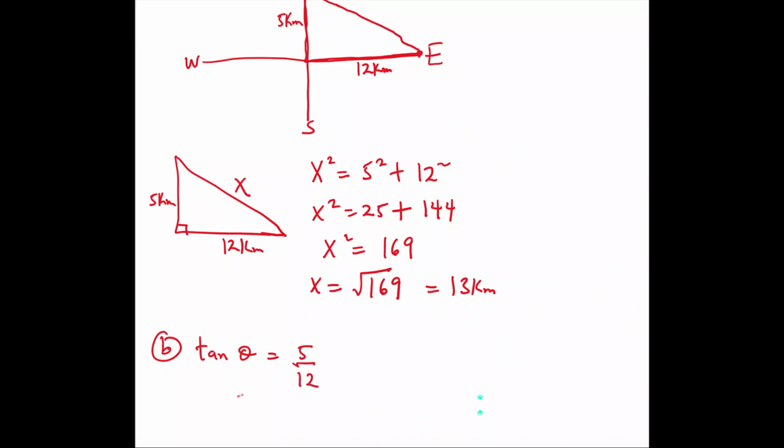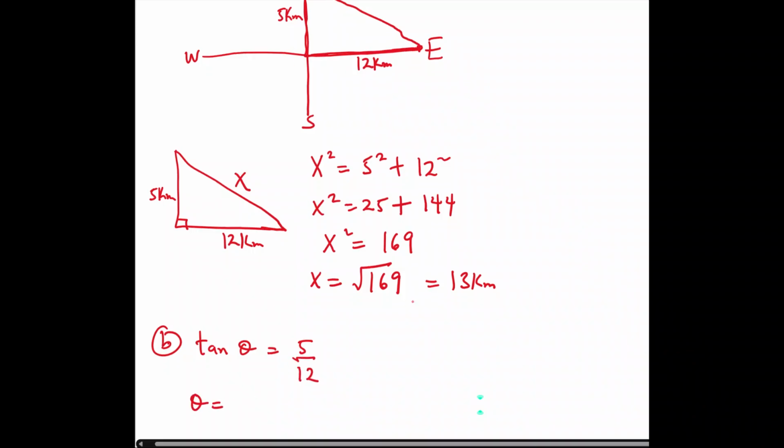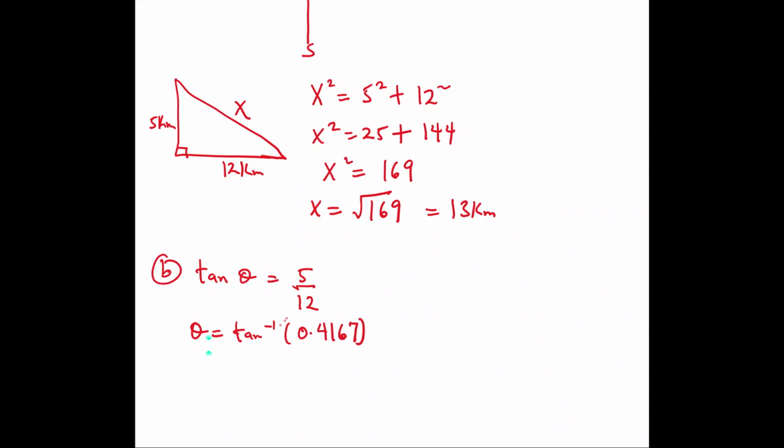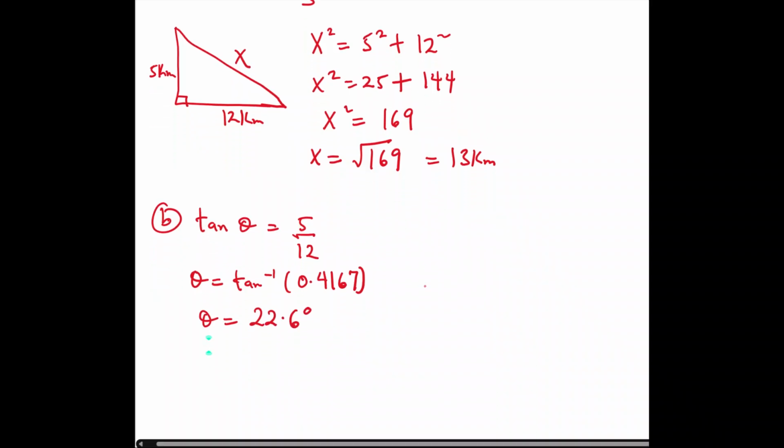So tan theta is equal to 5 over 12, right? 5 divided by 12 gives us 0.4167. So theta is equal to arctan 0.4167. So theta will give us 22.6 degrees.